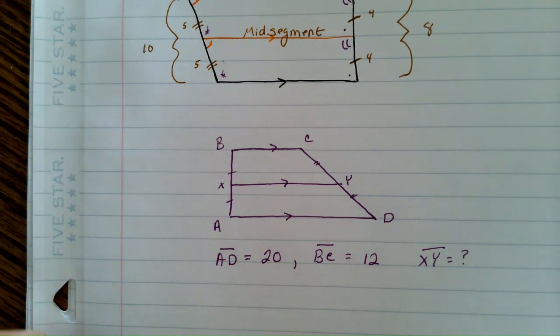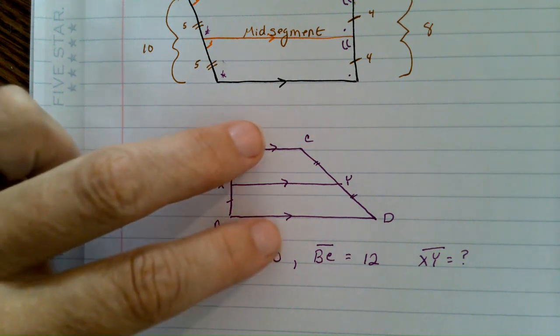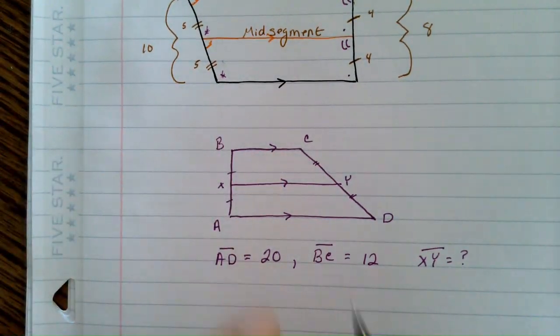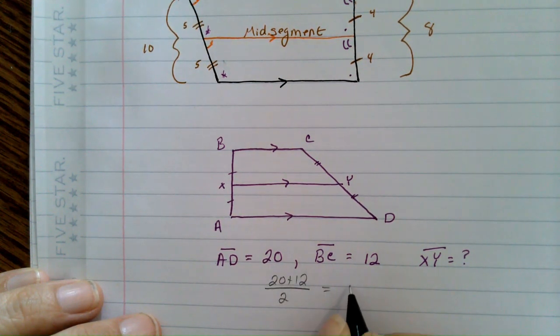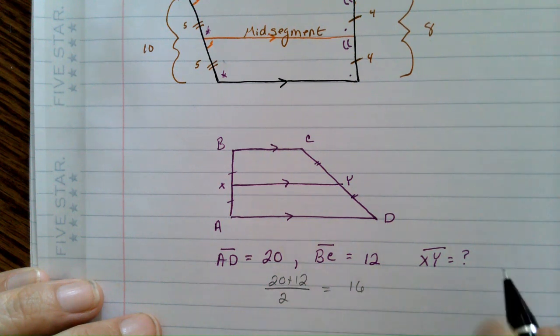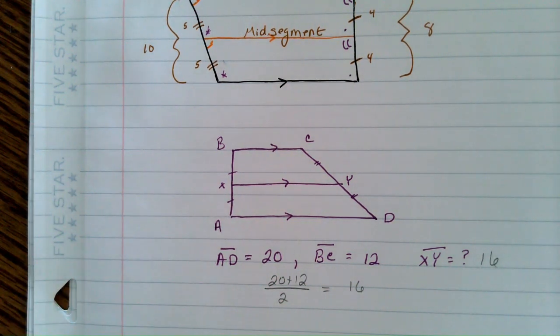I don't like memorizing formulas. I like thinking of the relationships, and it's like, oh, well, hey, it's the middle, so it's the middle of these numbers. So how can I find the middle? I'm just going to add them up and divide by 2, which is 4 away from each. So that makes sense.